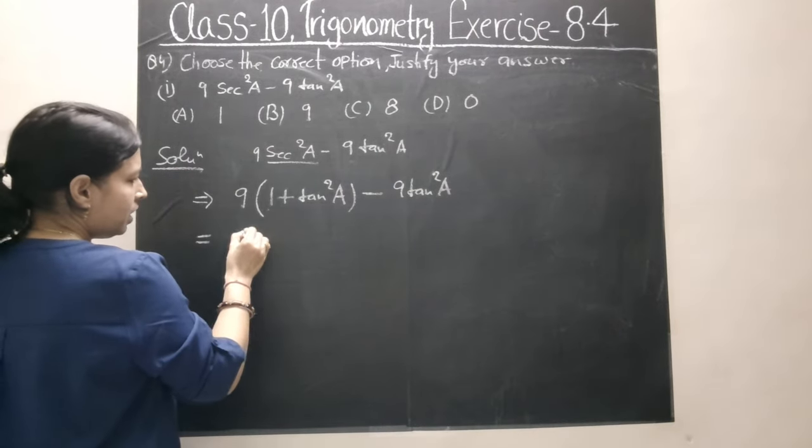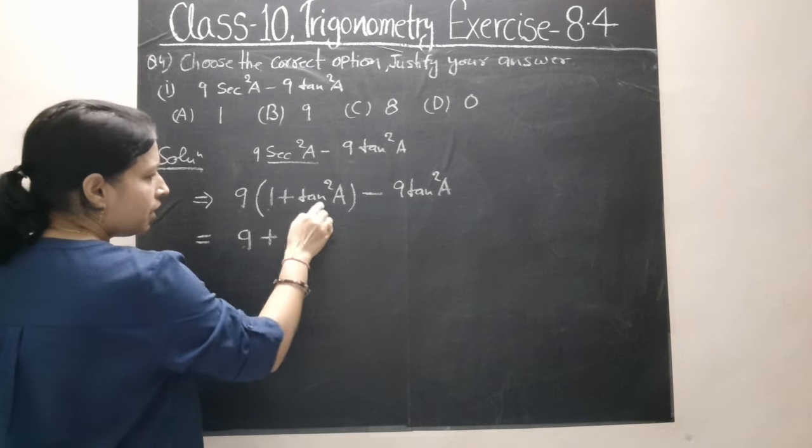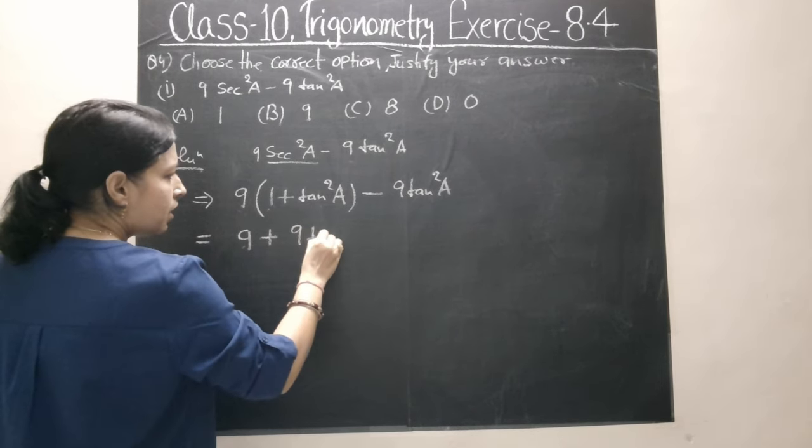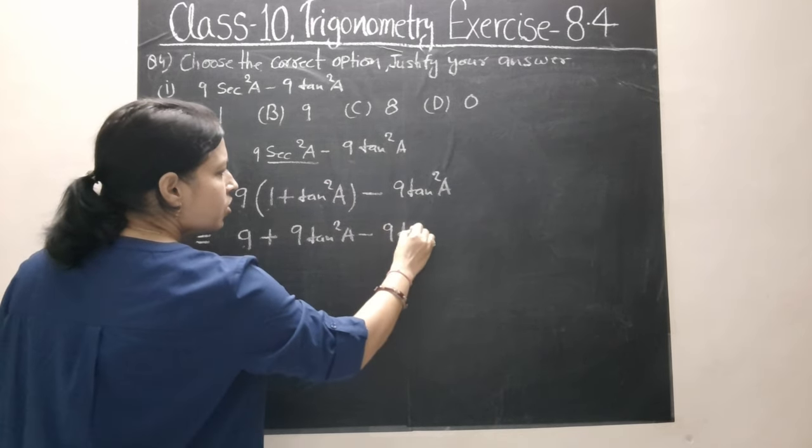So multiply 9 here. This comes 9 into 1 is 9, plus 9 tan square A, minus 9 tan square A.